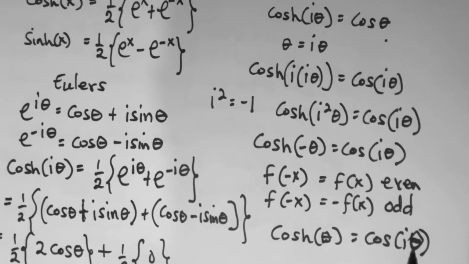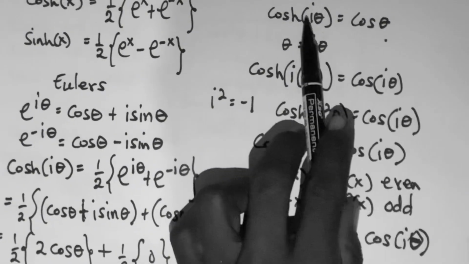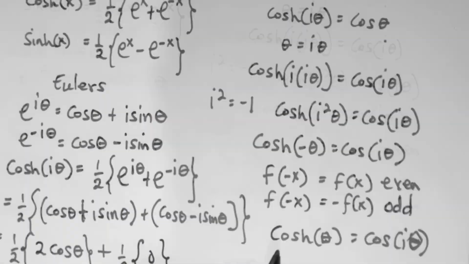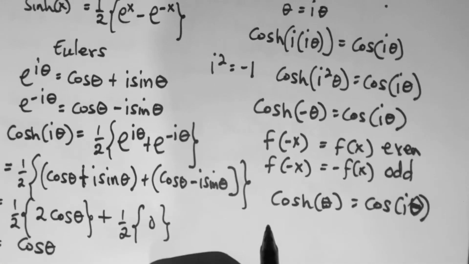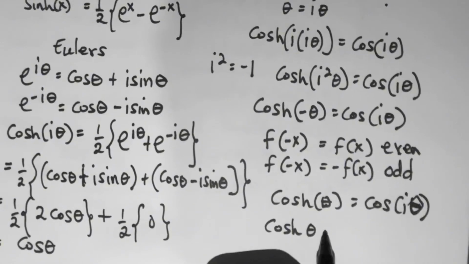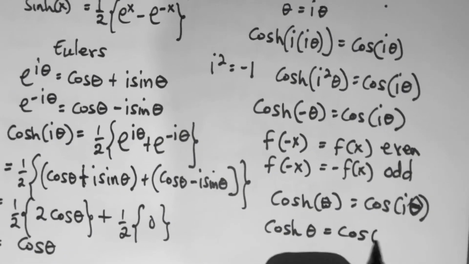In other words, theta and i theta are interchangeable. So because they are interchangeable, we can confidently conclude that cosh theta is equal to cos theta.